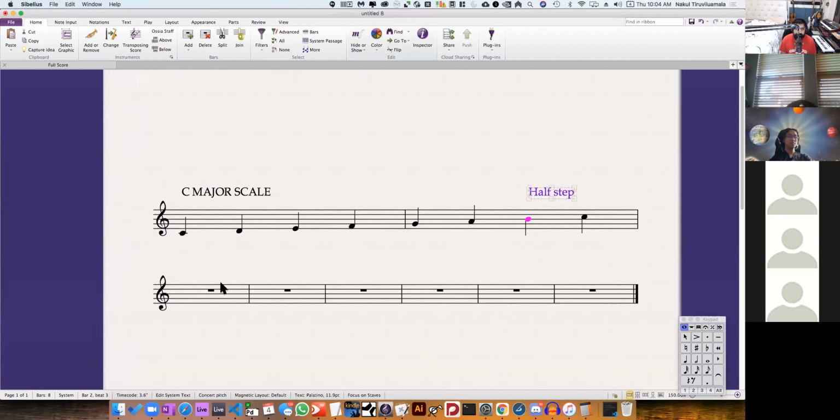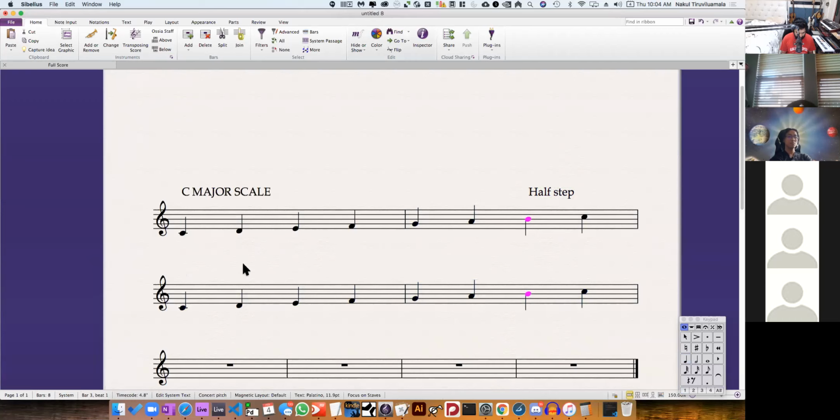Okay? Now let's do the same thing, but let's do it in natural minor scale. We'll use C. C natural minor scale. Okay, so in order to make a natural minor, we have to flat the 3, the 6, and the 7, right?